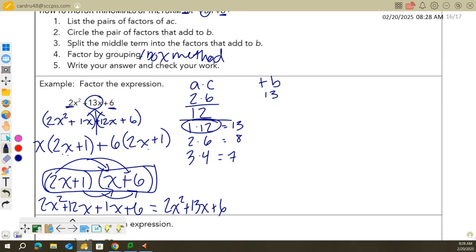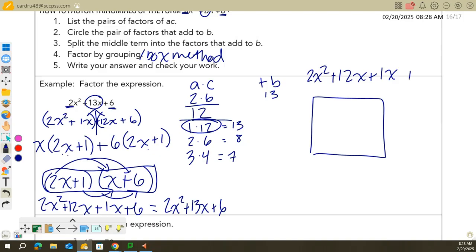And then we could also do the box method with it. Once I split up my equation into 2x squared plus 12x plus 1x plus 6, first term goes in the top left, last term goes in the bottom right, and then I fill in my other two terms.